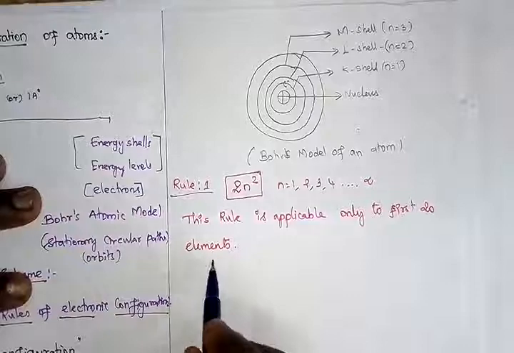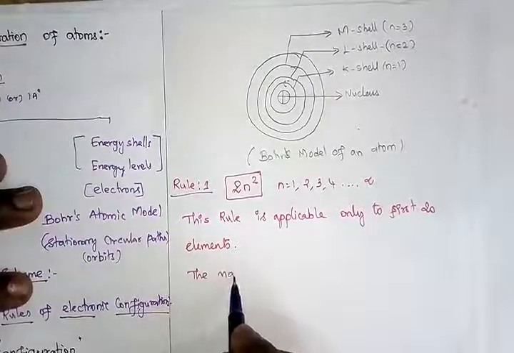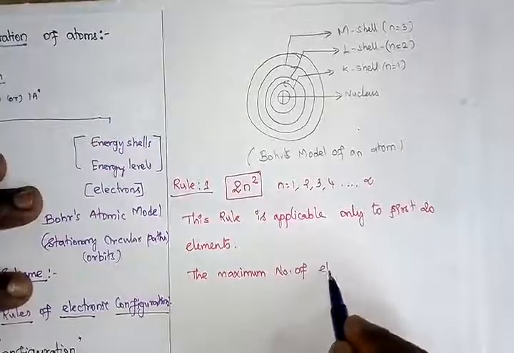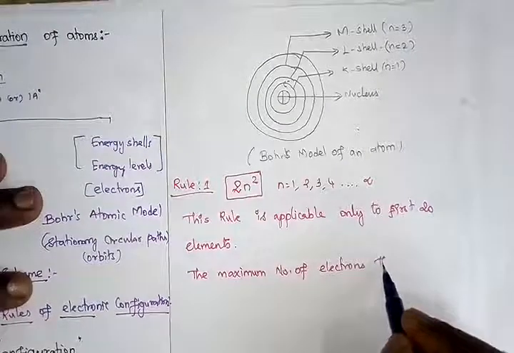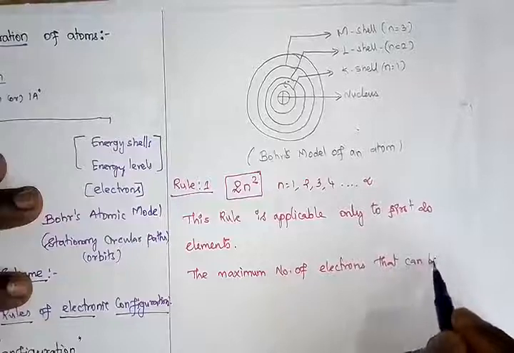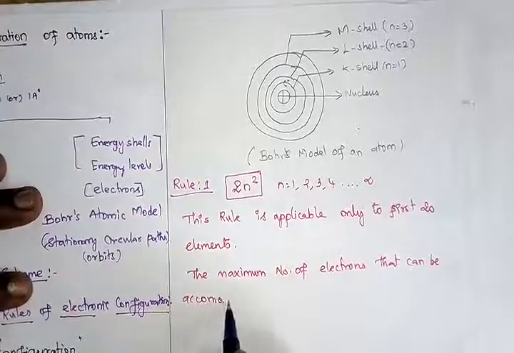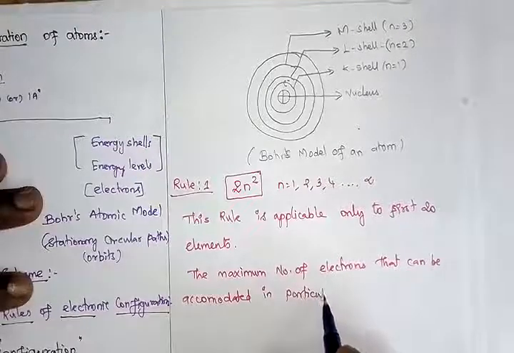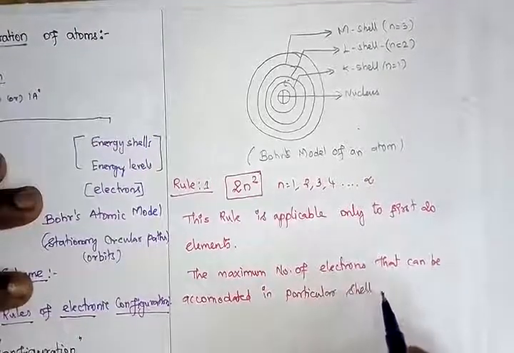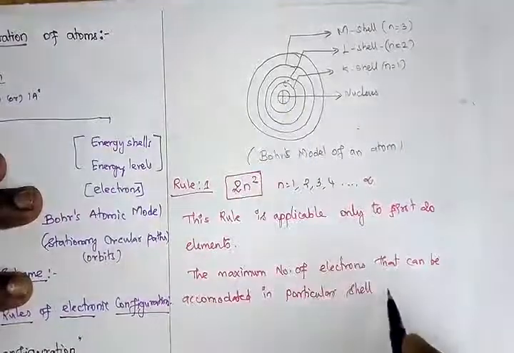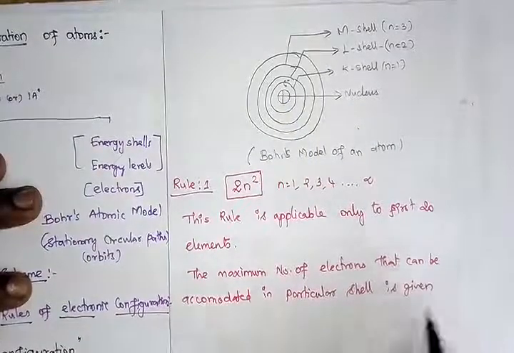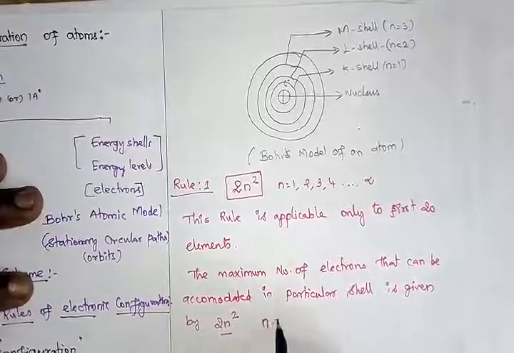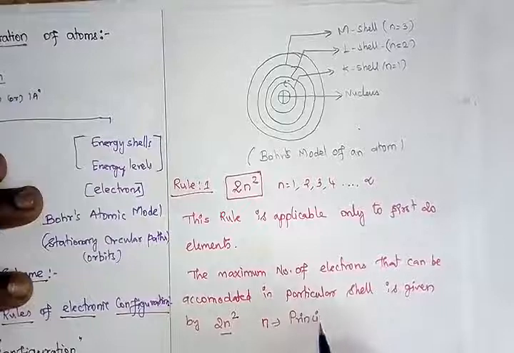The maximum number of electrons that can be accommodated in a particular shell, that means K shell, L shell, M shell, is given by 2n squared, where n is the principal quantum number.